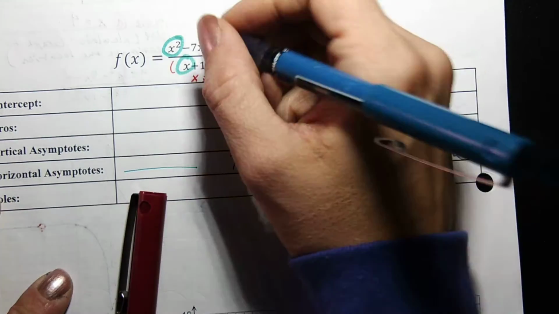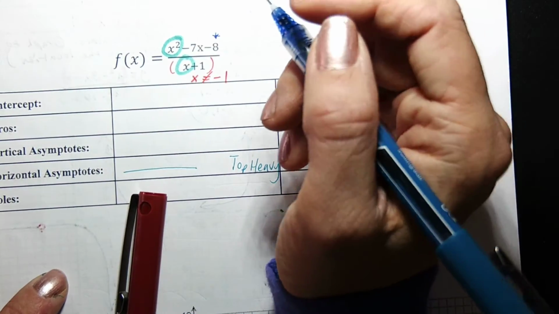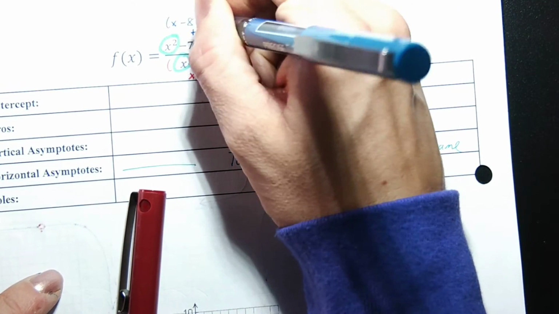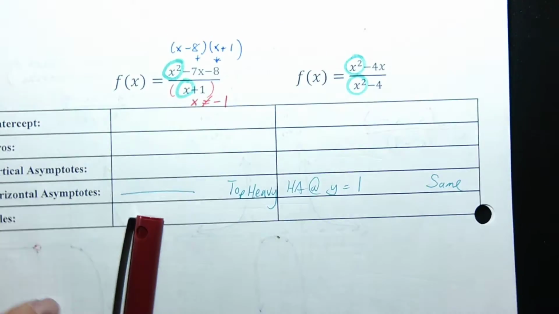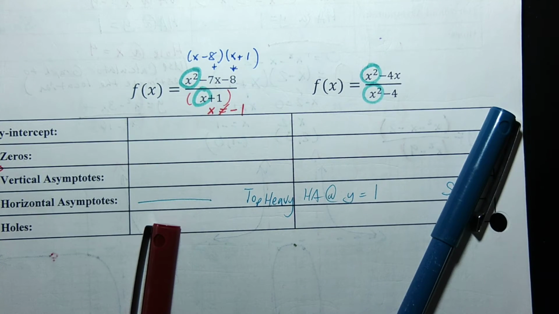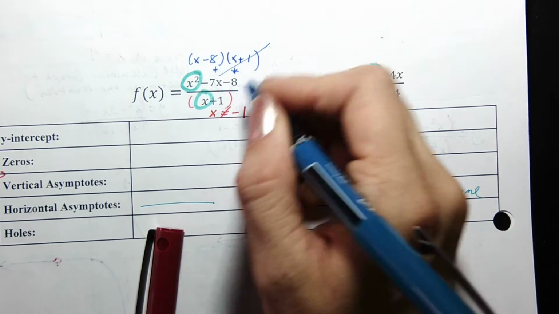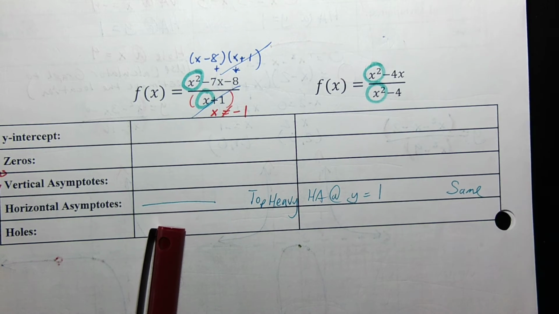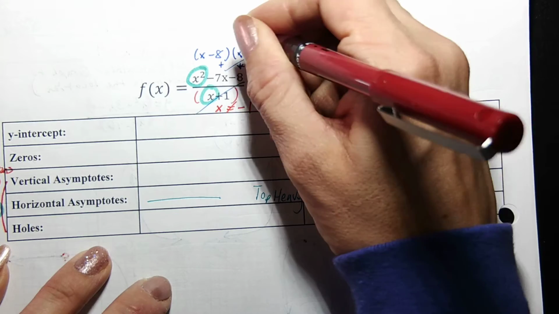When I factor the top, product of -8, sum of -7: x minus 8, x plus 1. Does our restriction factor, quote unquote, cancel? It does. We can't actually cancel it away, but because of that feature, that tells me we will have a hole at -1 instead of a vertical asymptote. So it cancels.